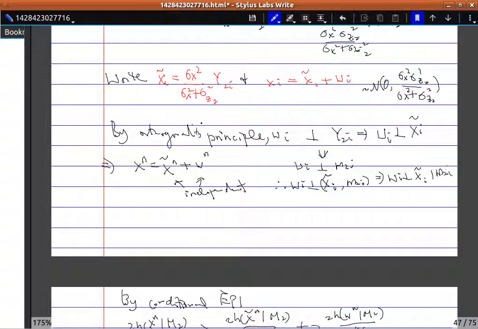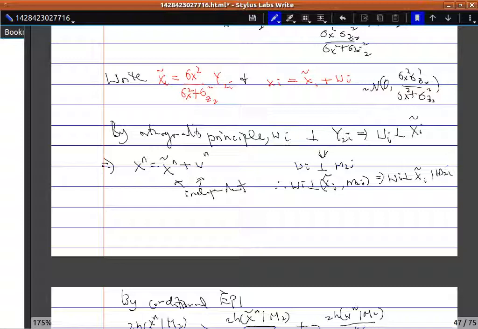Because w is Gaussian, when it's perpendicular, that means uncorrelated, and for Gaussian random variables, when it's uncorrelated, it's also independent.